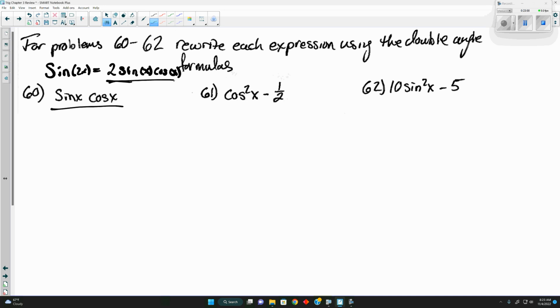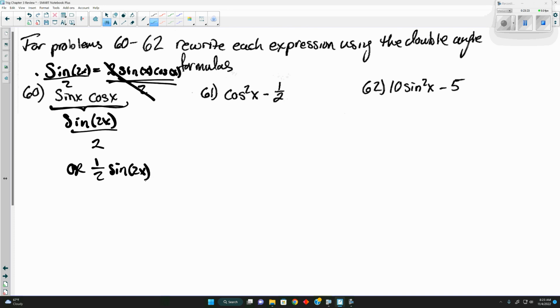So what I could do is divide both sides or multiply both sides by a half, divided by 2. So those are gone, leaving me with just the sine times cosine, which means sine times cosine is sine of 2x over 2 is what this is. Or we can say 1/2 sine of 2x. Those are the same thing. So for some of these here, we have to manipulate the formula just a bit to get there.